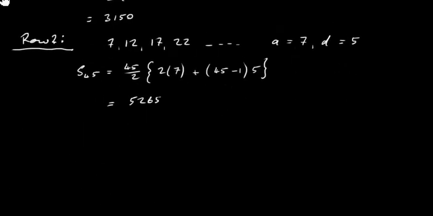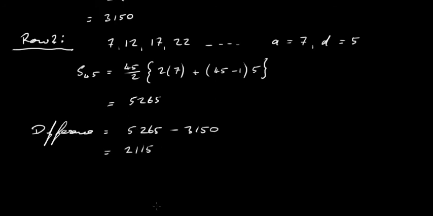The difference is equal to 5265 minus 3150, and that gives us 2115. So that's the difference between the sums of the first 45 terms of the first two rows. This is our answer.